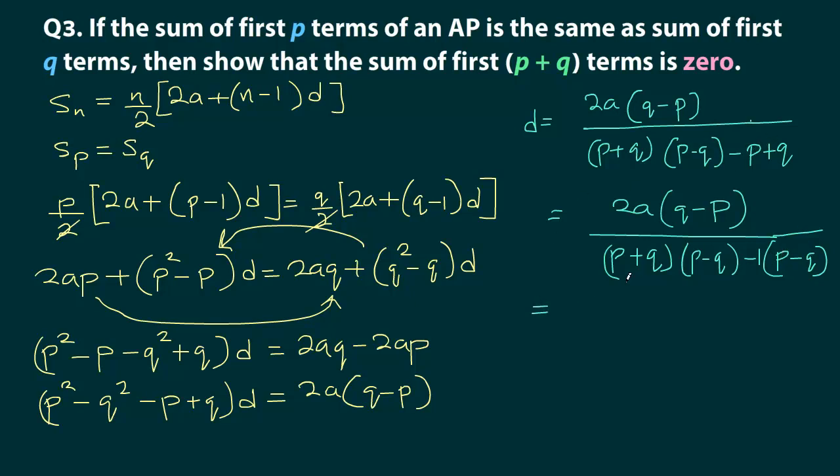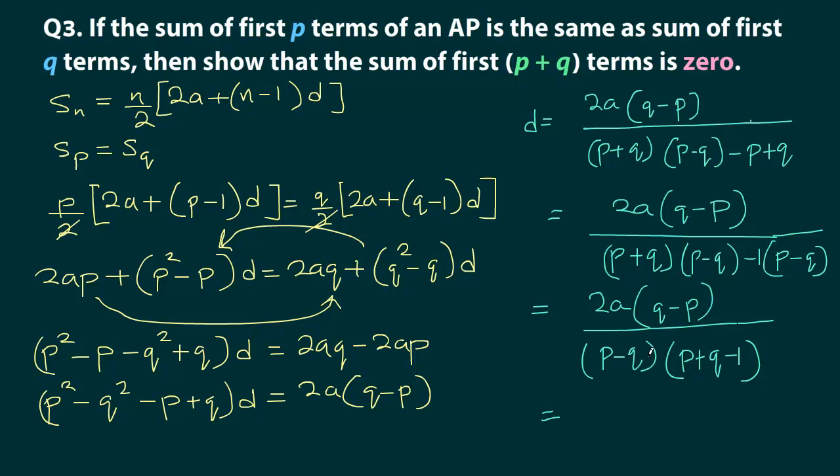Now we can write the denominator as, numerator 2a times q minus p, divided by, taking p minus q common, p minus q times p plus q minus 1. Now we have q minus p and p minus q in the numerator, so let's take minus 1 out from here.